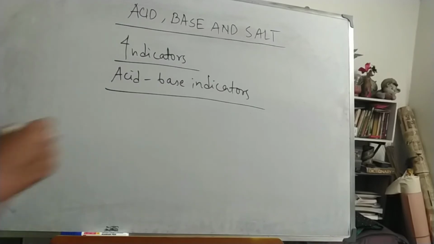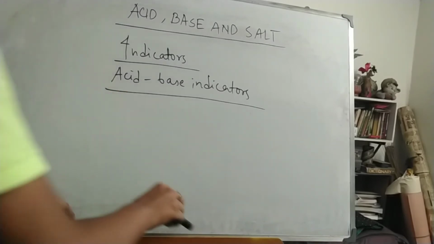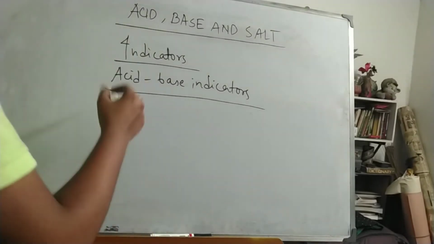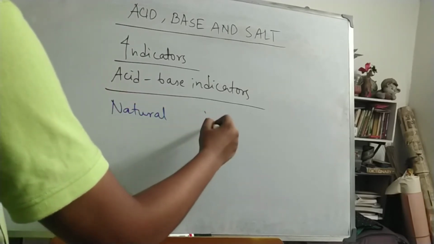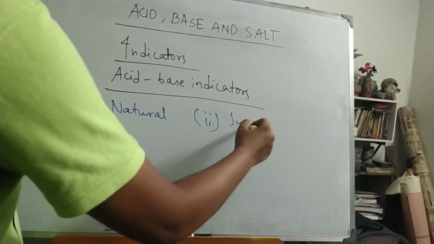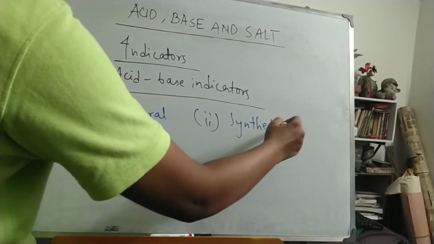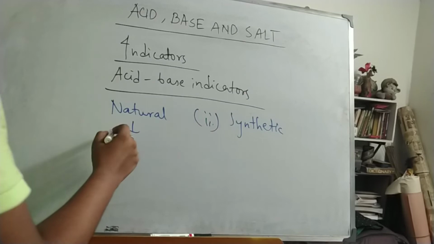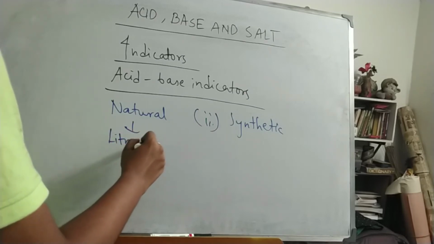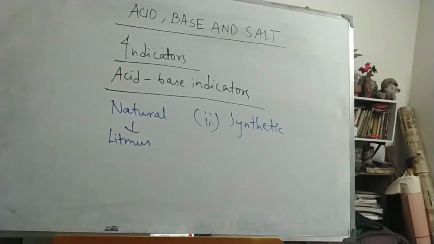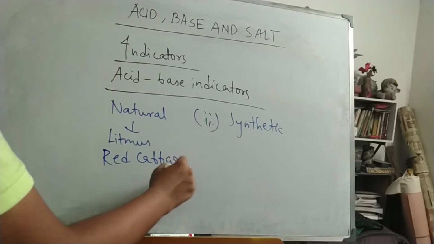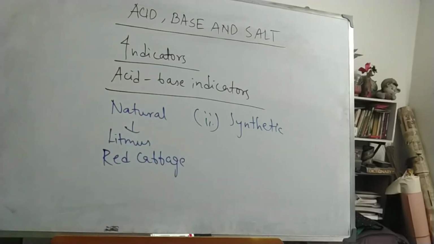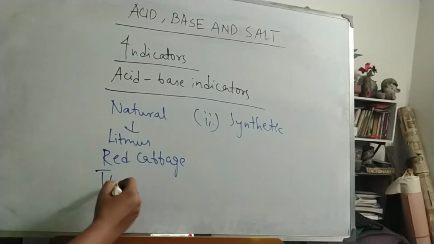One is natural, and the other is synthetic. In natural, we have litmus, red cabbage, and turmeric.